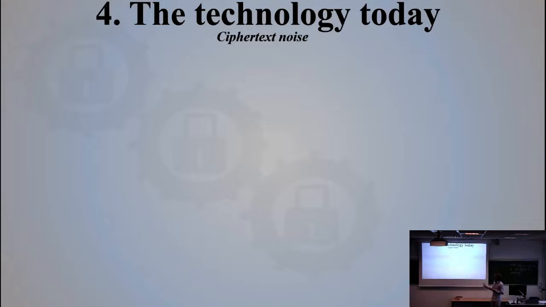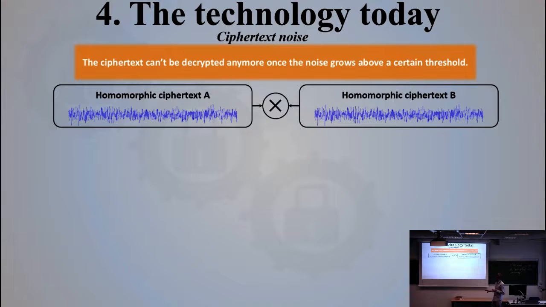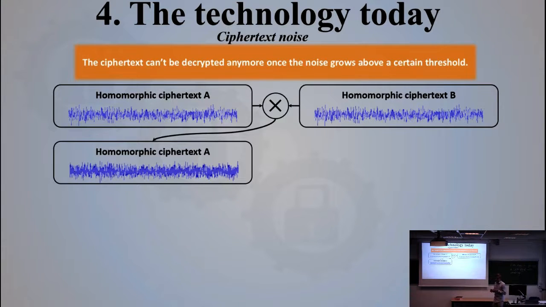All right, now I'm going to talk about ciphertext noise because it's crucial to understand that. Each ciphertext in the homomorphic world has a noise associated with it, which is added from randomness for security purposes. With homomorphic operations, such as multiplication, the noise will grow.